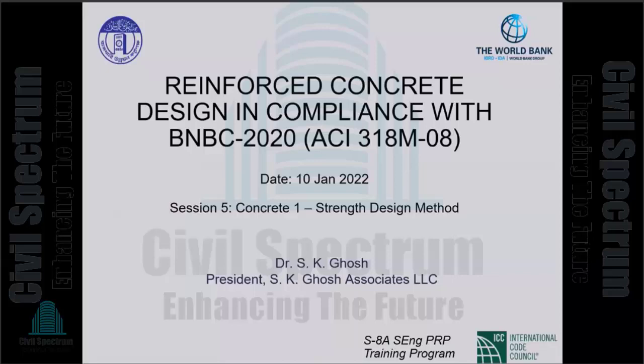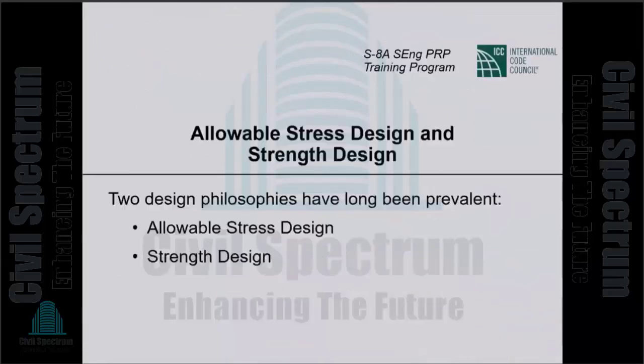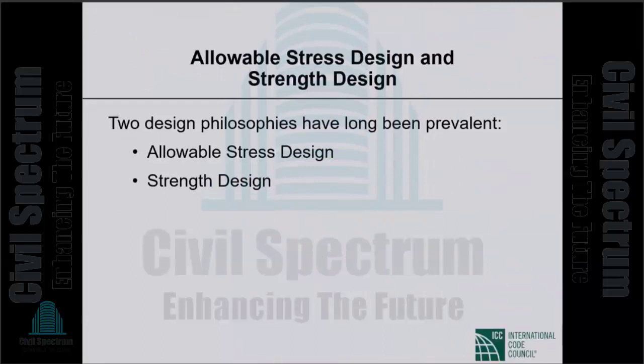Okay. So this is now the strength design method. Two design philosophies have long been prevalent, allowable stress design and strength design. The strength design, as we call it today, initially was called ultimate strength design, and the word ultimate eventually dropped out. I don't remember from what point onwards we have called it just strength design.